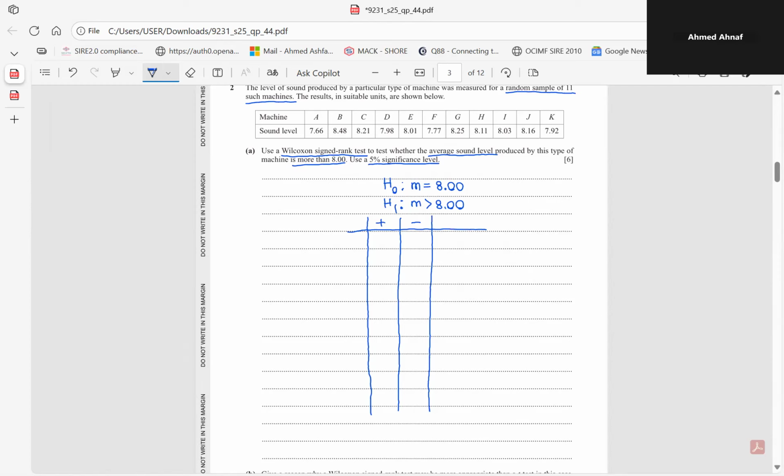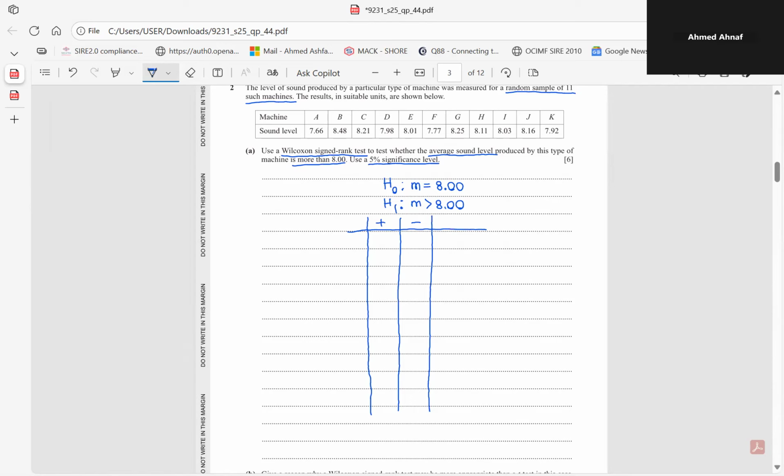What's the lowest? A has the lowest one, 7.66. This is definitely negative. You know what? Let's find the differences first, and then we rank.